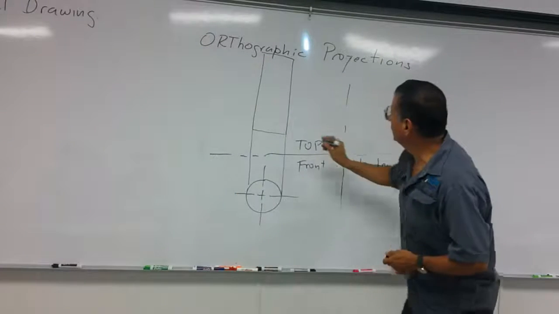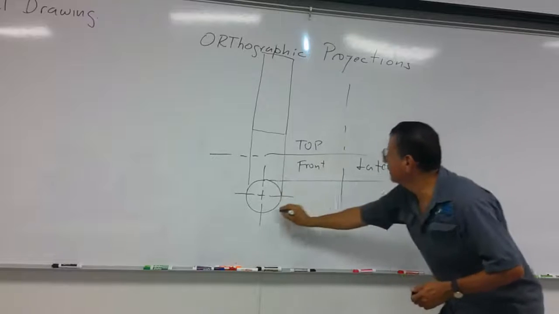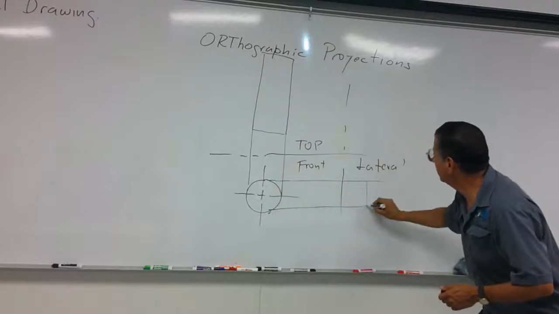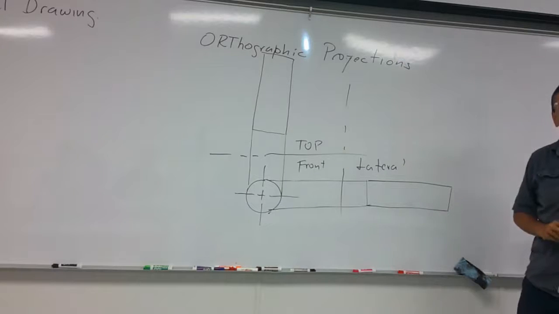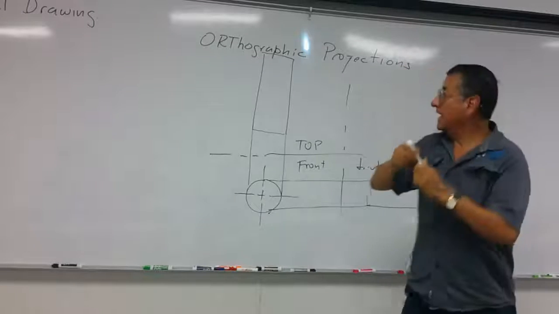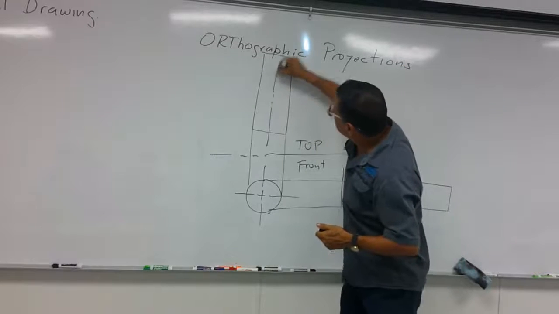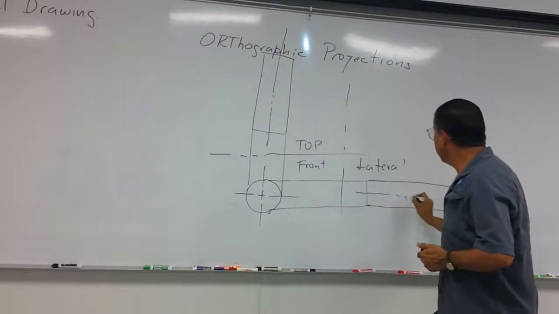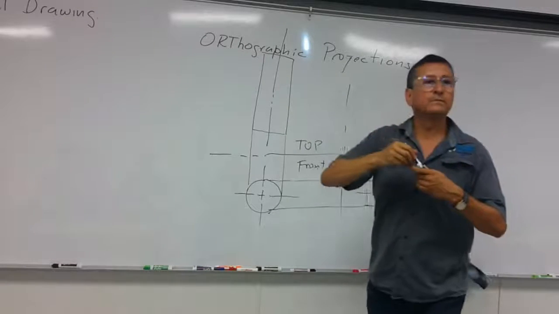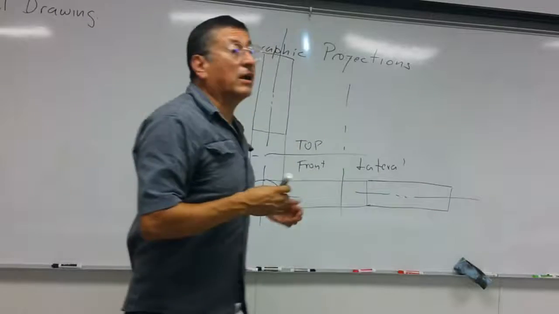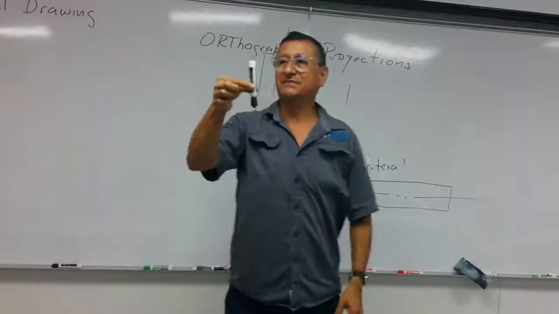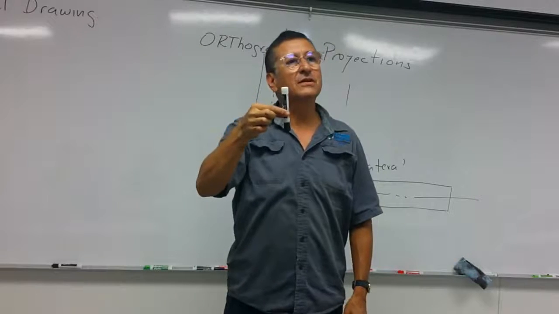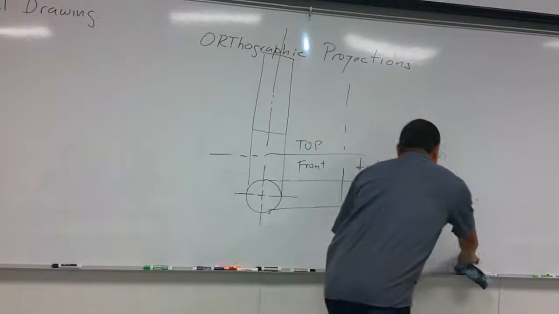Or the rectangle here? Nice, no? And of course, because it's a circle, I am going to mark with center lines, indicating that it's a circle. Those are the 3 orthographic projections, top, front, and lateral of this object. Nice, no?